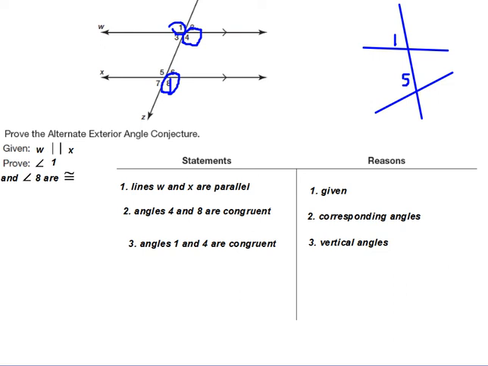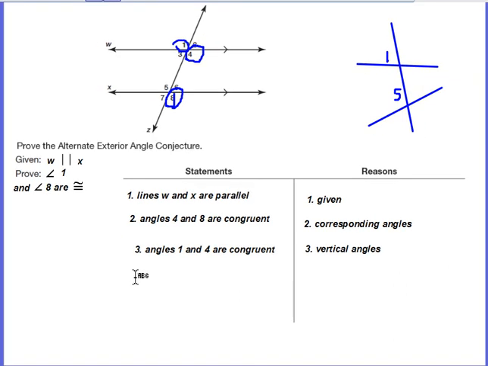Alright, so let's just finish this proof. We got 4. Alright, so I can really see, the measures of 4 and 1 are congruent, and the measures of 4 and 8 are congruent. Both 8 and 1 are congruent to 4. So then that means angles 1 and 8 are congruent to each other.